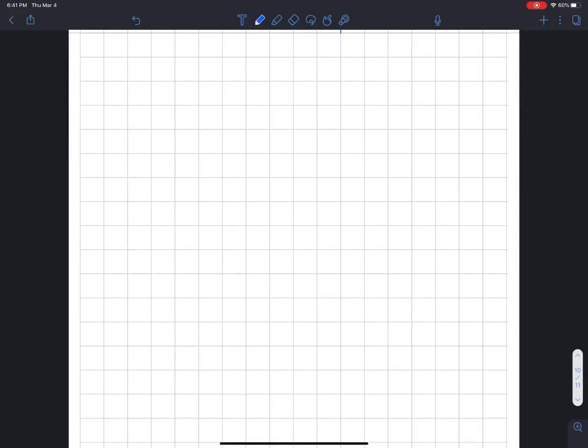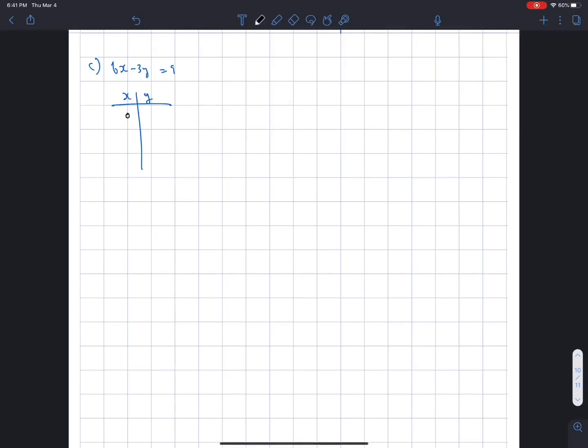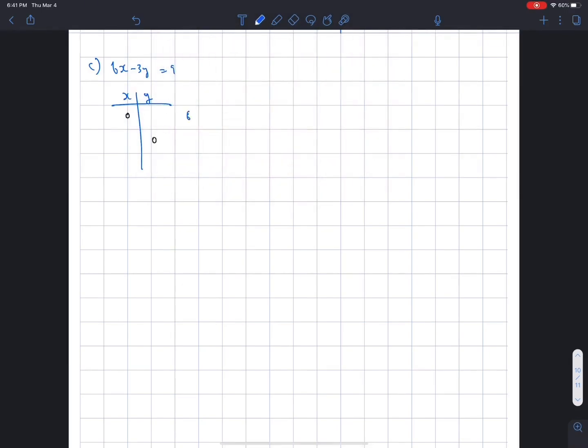C. 6x minus 3y equals 9. Again, when we are making this table, most important 2 points is x 0, y 0. So we have 6 times 0 minus 3y equals 9. Negative 3y equals 9.